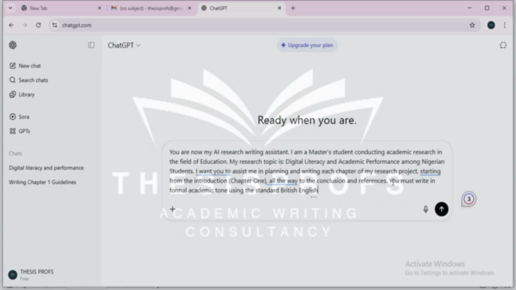You understand? So, and you can also go ahead and say, and strictly adhere to scholarly writing.